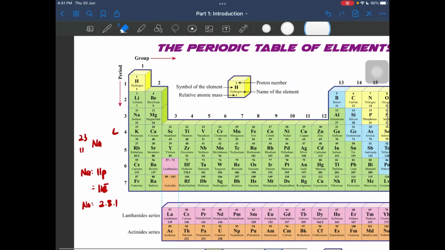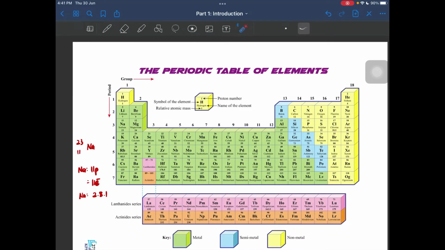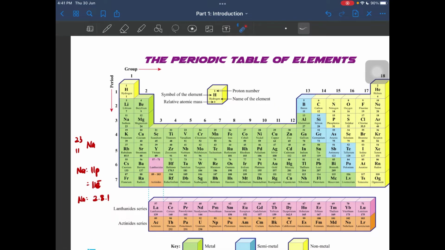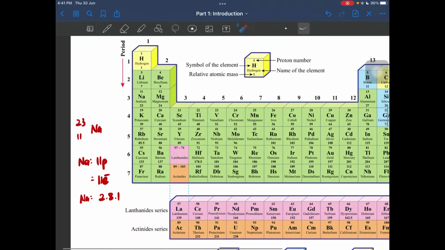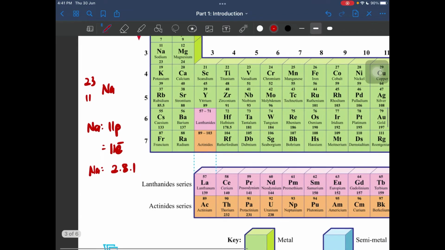And if we look at the periodic table, we will see that sodium is located in group 1 and period 3. So what do you notice from the electron arrangement? You will notice that the last number, which is the valence electron, for sodium is 1.